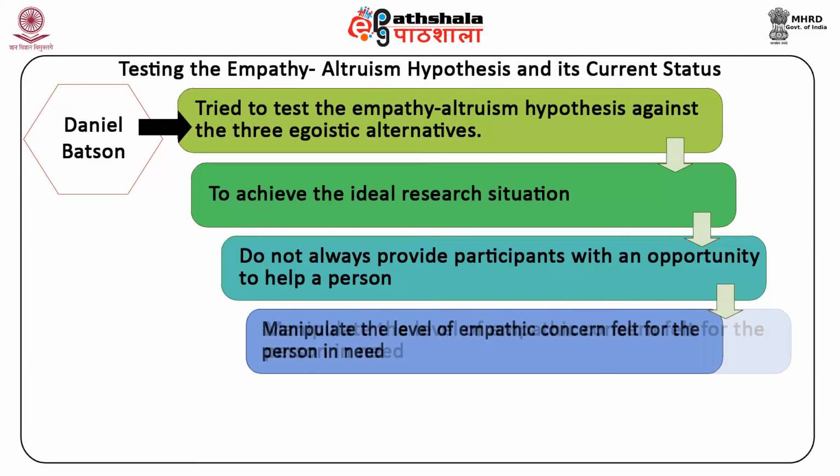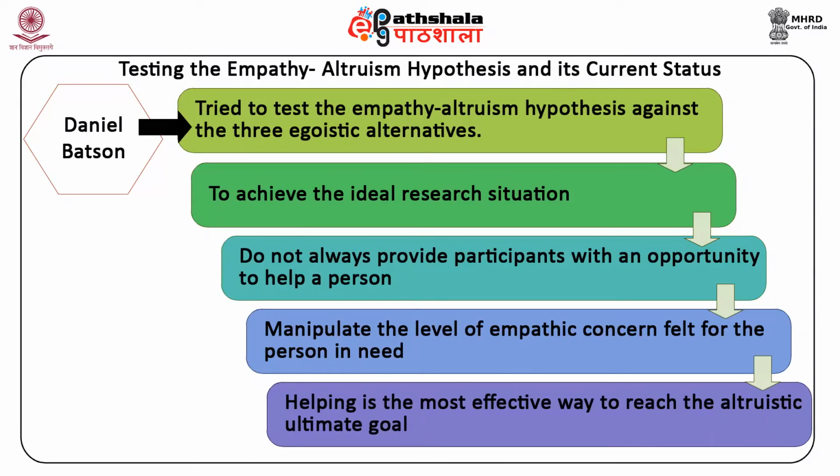They rather manipulate the level of empathic concern felt for the person in need and some cross cutting variable that determines whether helping is the most effective way to reach the altruistic ultimate goal of removing the other's need and one or more of the possible egoistic ultimate goals.